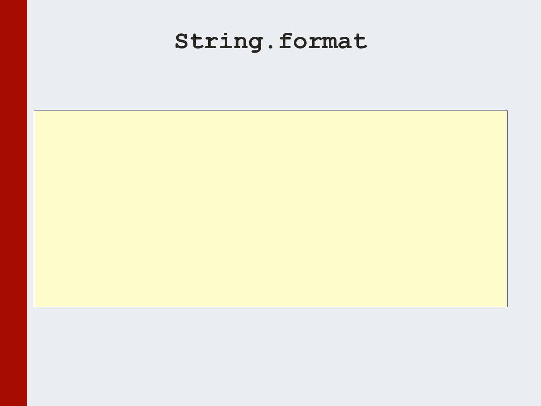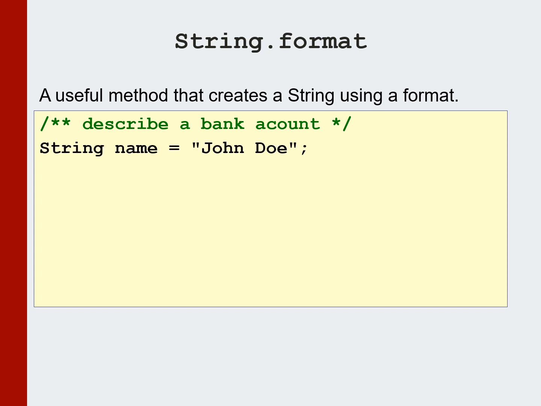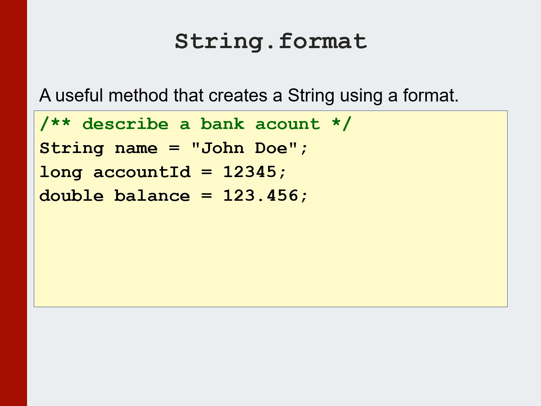Now, there's also something called String.format, which allows you to save strings as variables ahead of time before printing them out, which is sometimes a little bit more convenient. For example, let's say I want to describe a bank account. I have the name, which is John Doe, the account ID, 1, 2, 3, 4, 5, and then a double balance, 123.456.